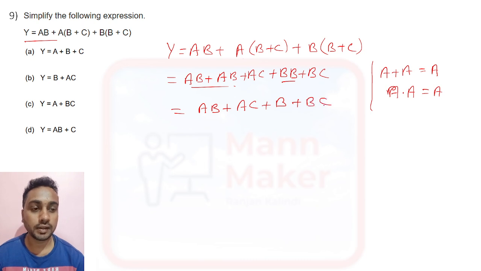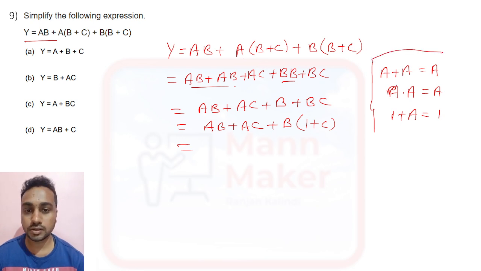Then plus BC. Now this is AB plus AC, and from here we can take B common and write 1 plus C. Now 1 plus A is 1, which means 1 plus anything is 1.